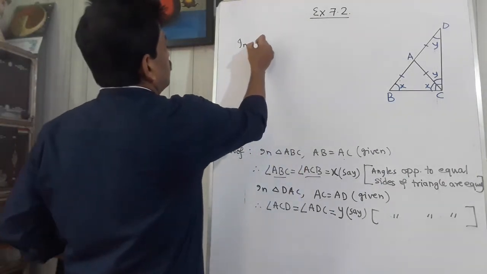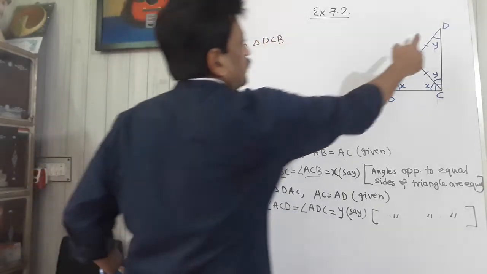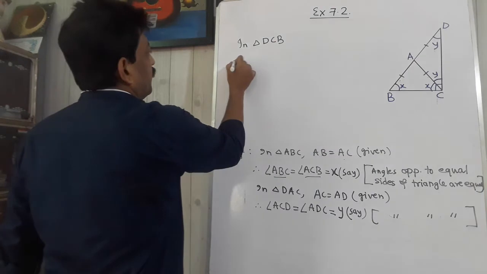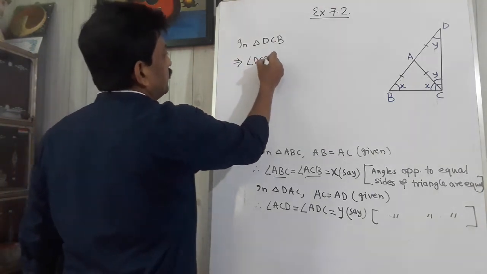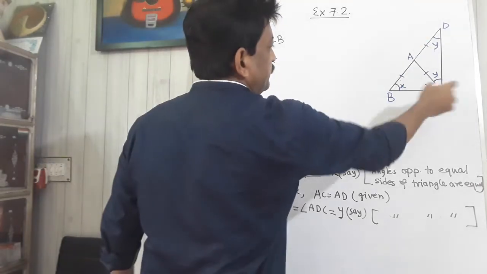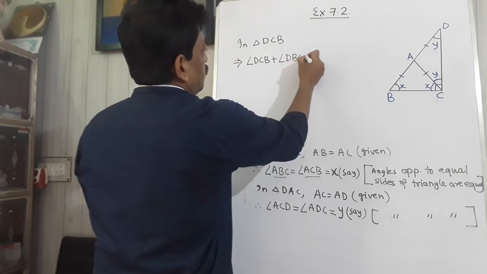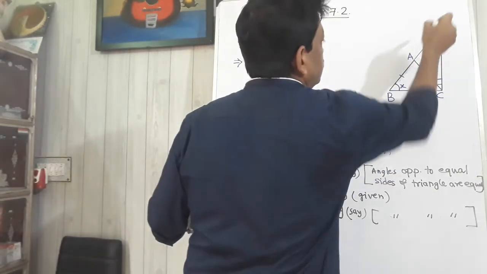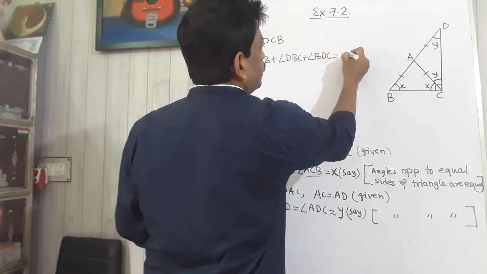In triangle DCB, the whole triangle DCB, angle DCB plus angle DBC plus angle BDC equals 180 degrees.